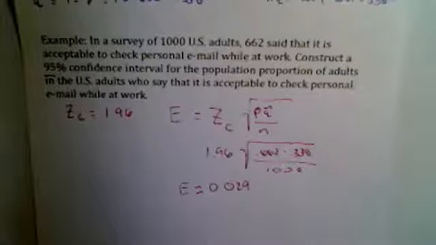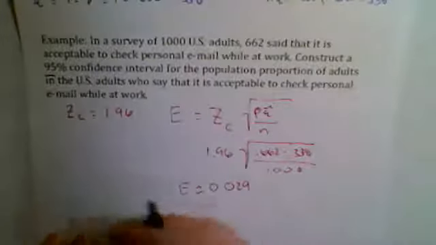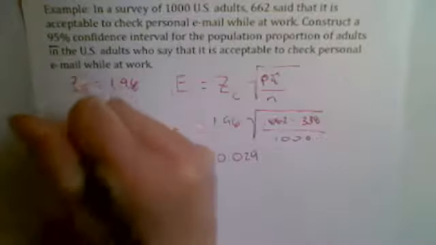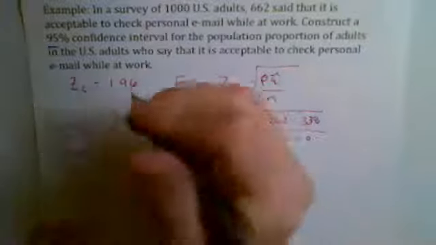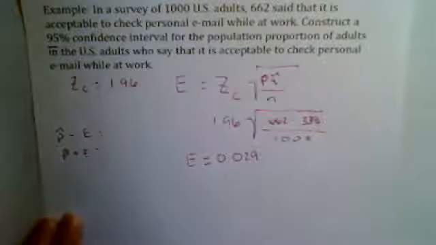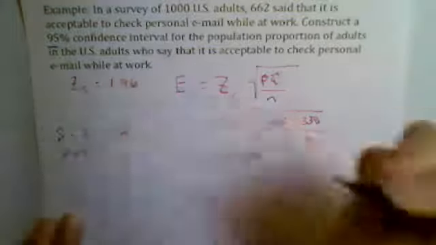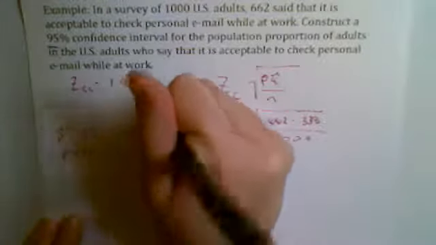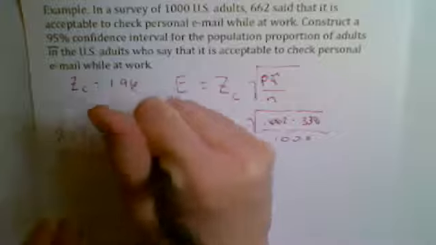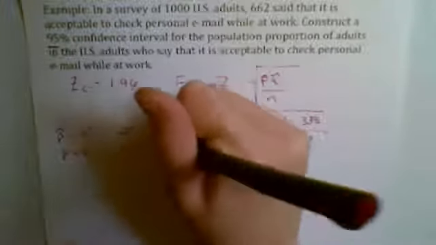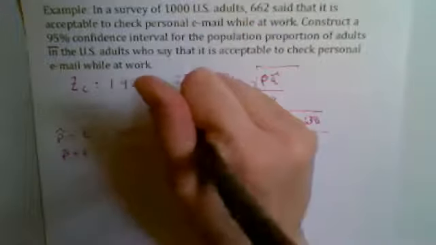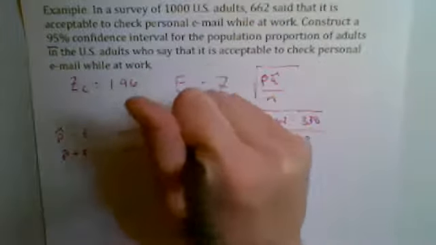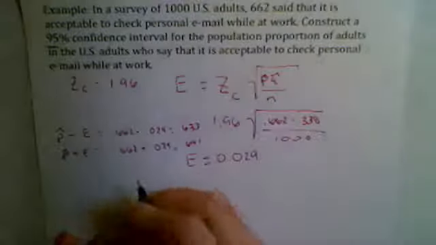All right, so now all we have to do is p hat minus E and p hat plus E. So that's going to be 0.662 minus 0.029 and 0.662 plus 0.029 to give me 0.633 and 0.691. Okay, so now we can write our interval.